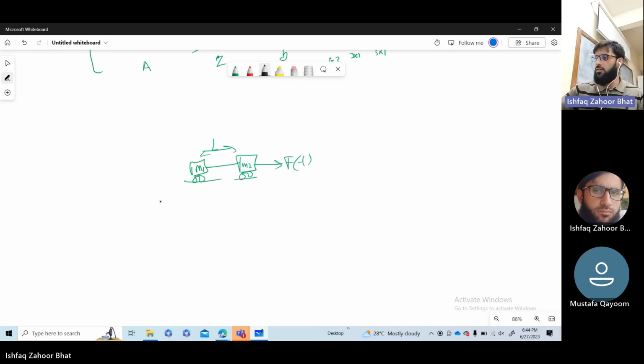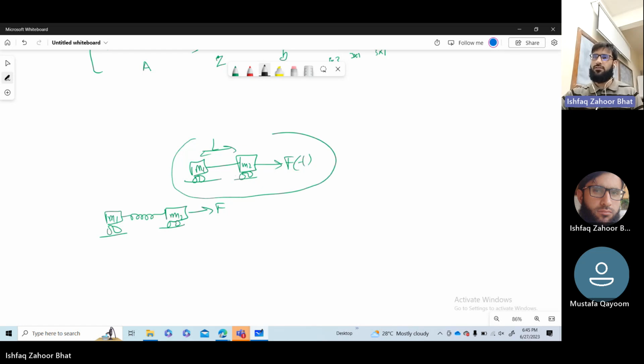There is one approach you can use while simulating these things. Take M1 and connect it with a spring to M2, and the problem is the same. There is no difference. So how is this problem different from this? I will call this problem first, and this problem second.